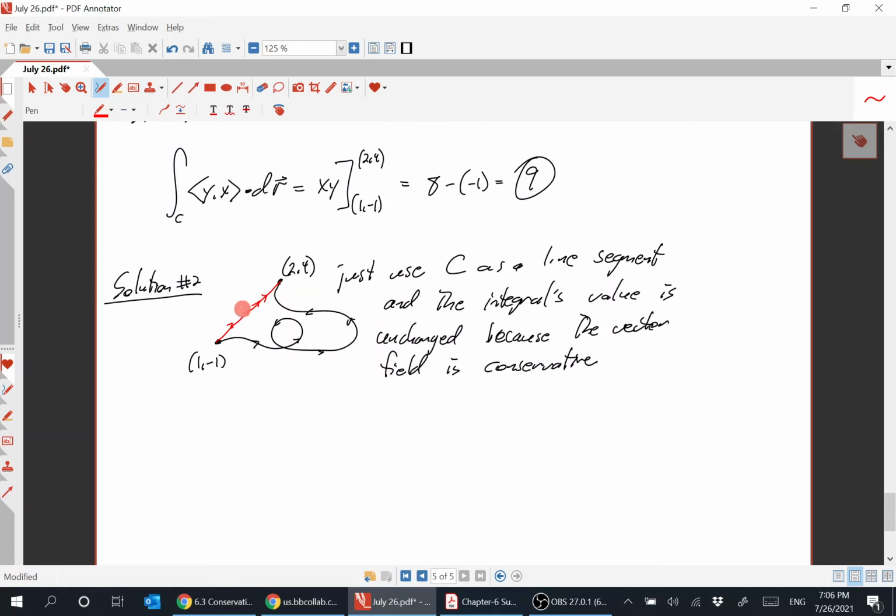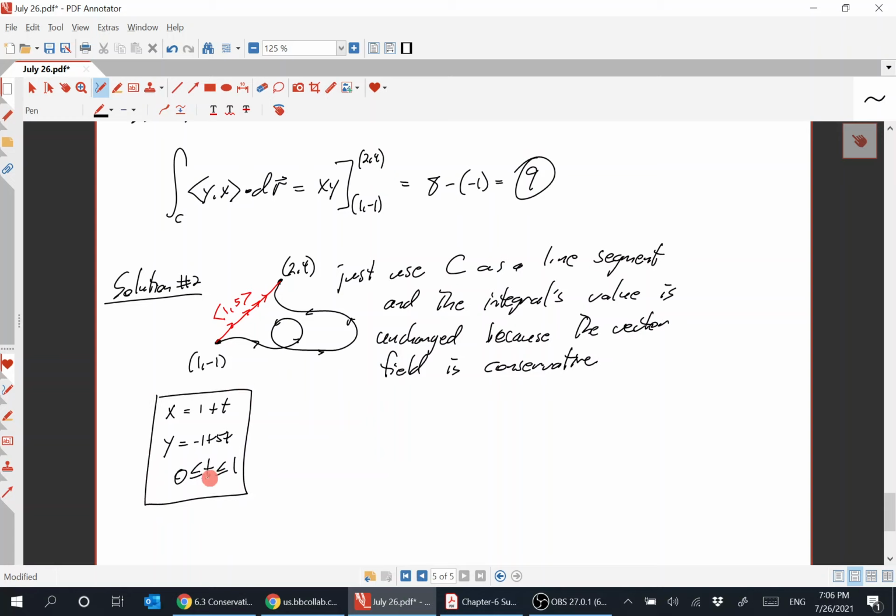Okay, so the vector from here to here is 1, 5. We're going to pick r of t to be the standard parameterization of the line segment from A to B. You start at the base point at the tail, 1, minus 1, and then you add t times the vector from here to there, so plus t, 5t, with t between 0 and 1.